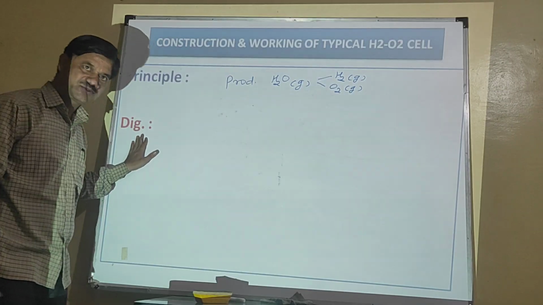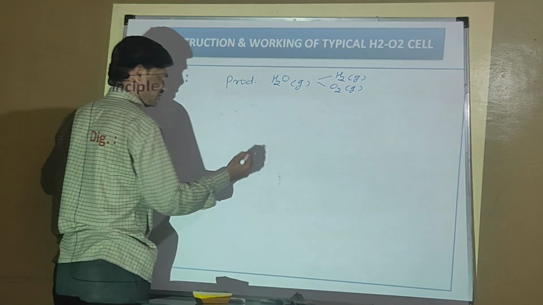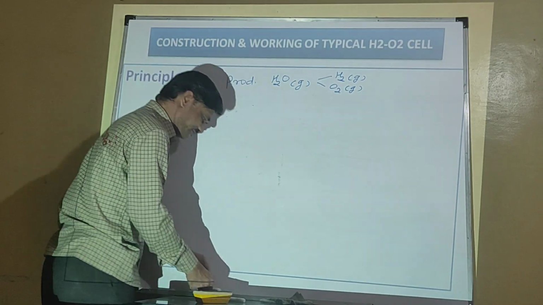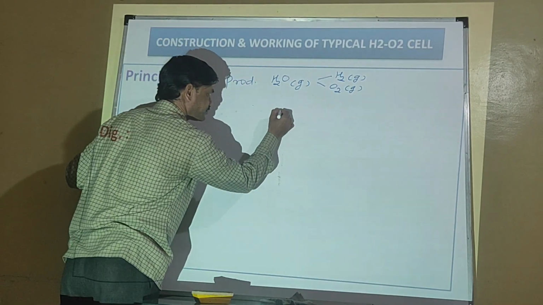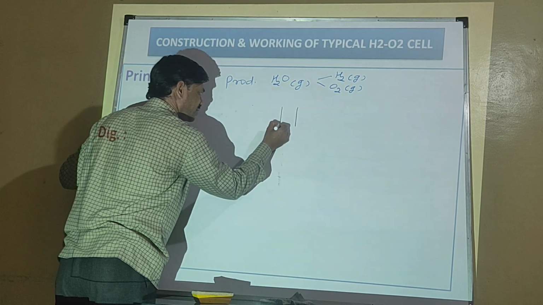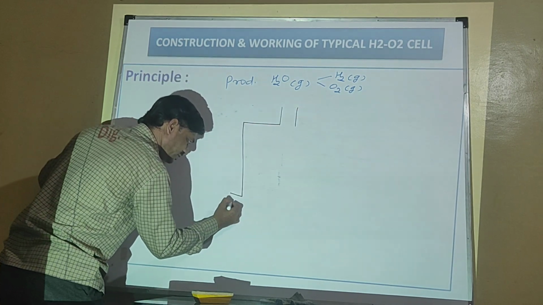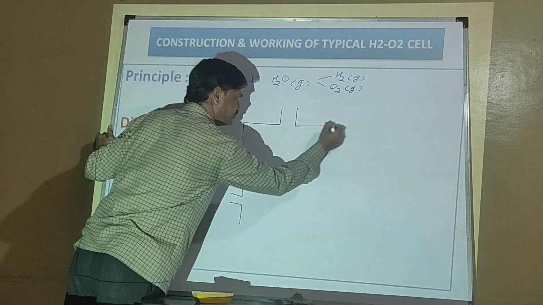What is the next point as usual? Diagrammatic representation. Check this diagrammatic representation. This is the outlet at the top. These are the two inlets at the bottom.